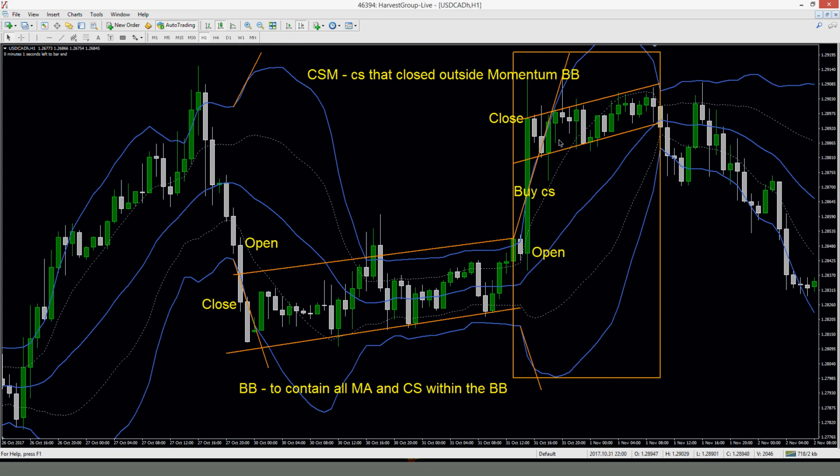So there's a component of sideways Bollinger Band within the momentum Bollinger Band, and obviously during the sideways over here, you know for a fact that whenever the candle breaks or rejects top BB or low BB, then the candle will go towards the middle BB.